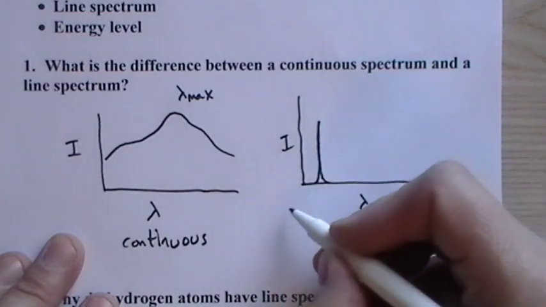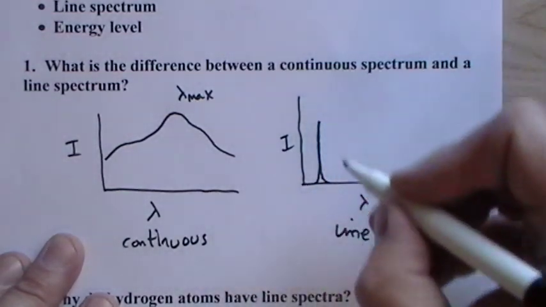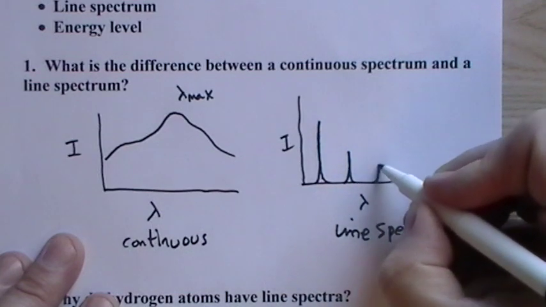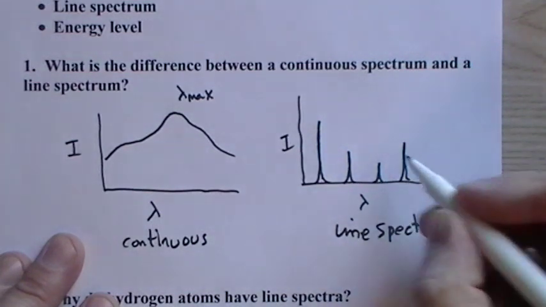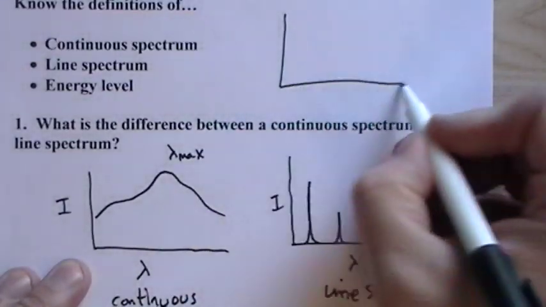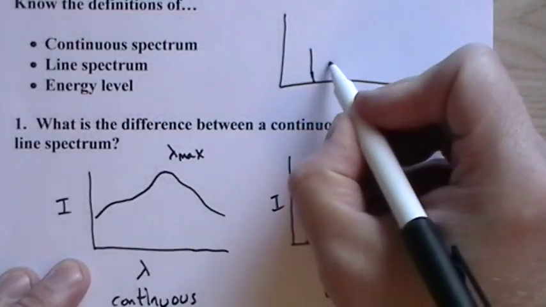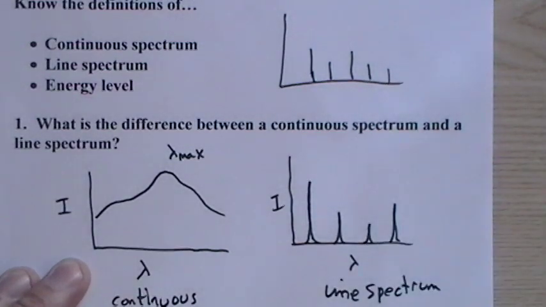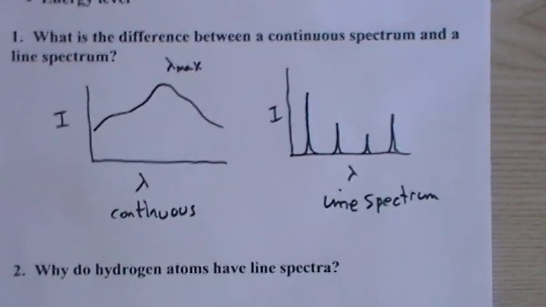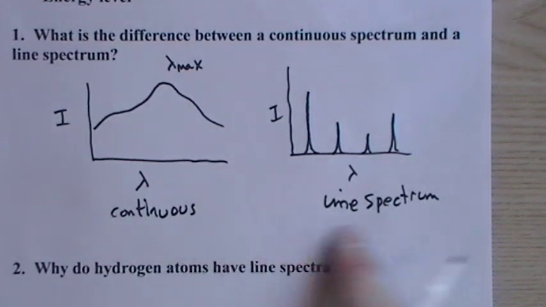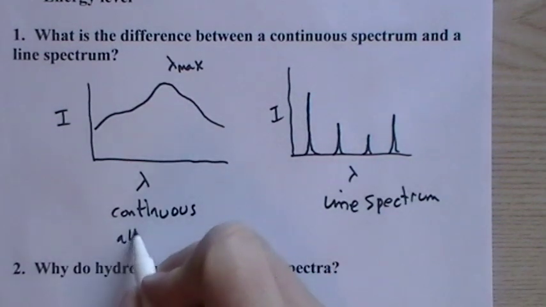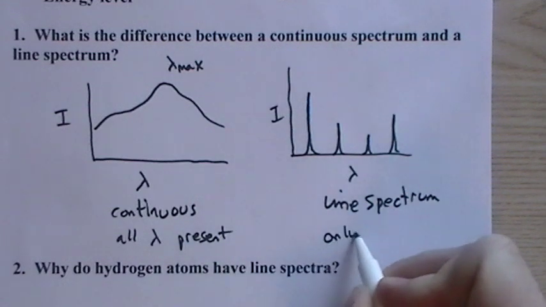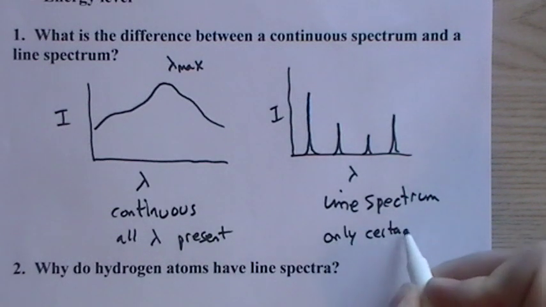It is an actual Gaussian curve, but when you look at a wide range of wavelengths, the curves are so narrow that they look exactly like lines. So this is the difference between a continuous and a line spectrum. These are all wavelengths present. Only certain wavelengths present.